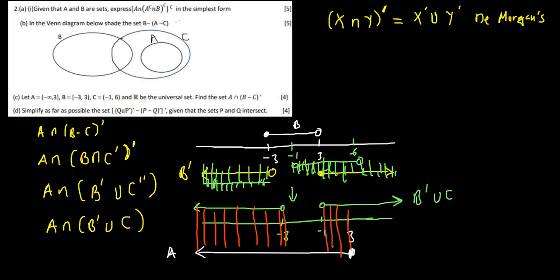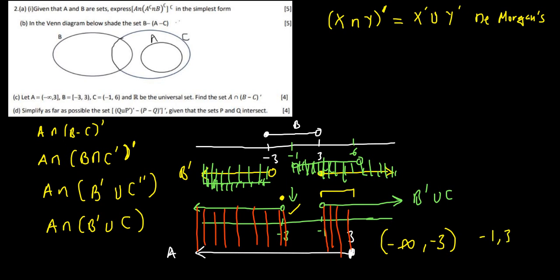And therefore, we're going to say that the intersection is from negative infinity up to where this number here, that's negative 3. But negative 3 is not part of this set here. So we are going to open. And we said that infinity is always open. And then another point where they're intersecting is here, from negative 1 up to 3.